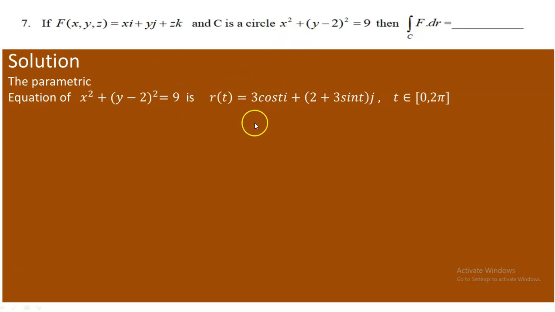But now the center is moved. The center is moved to (0, 2), because y minus 2 makes 0. So the center has shifted from the origin to (0, 2).